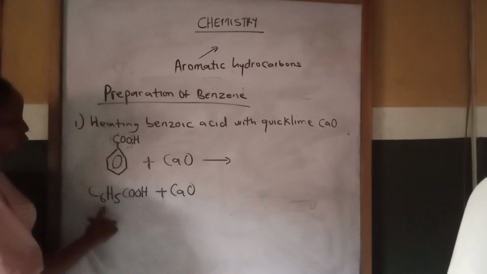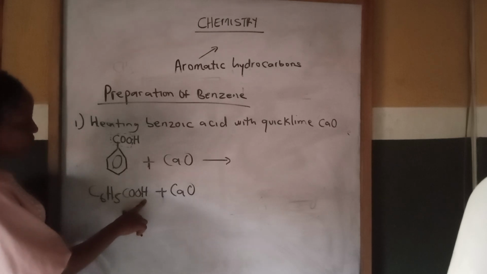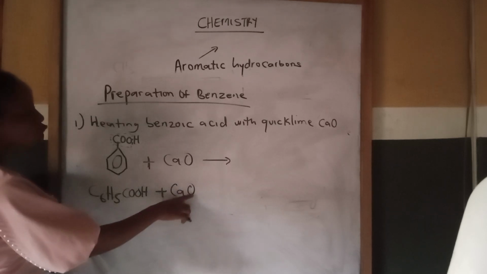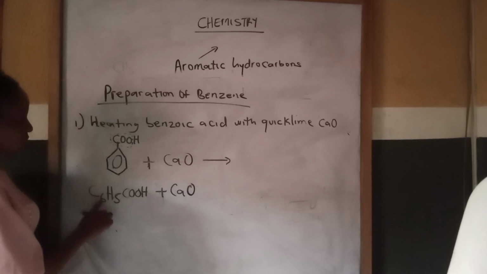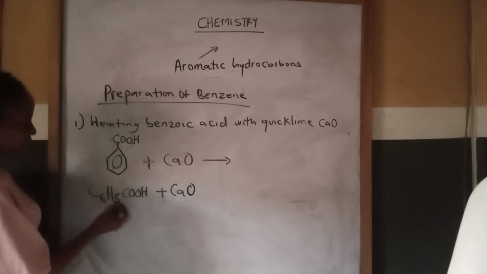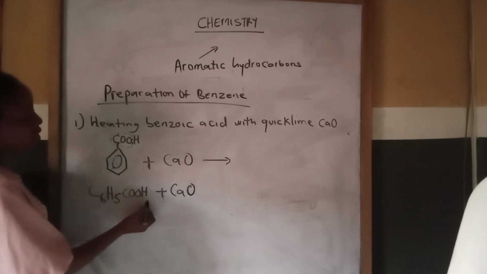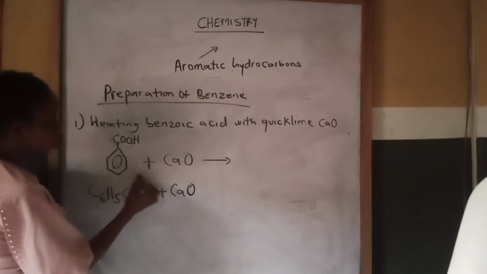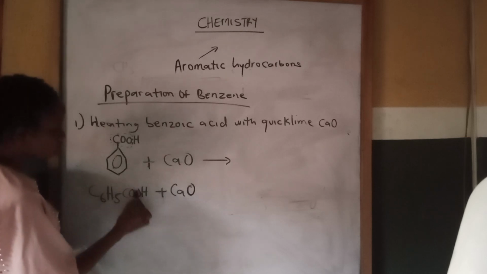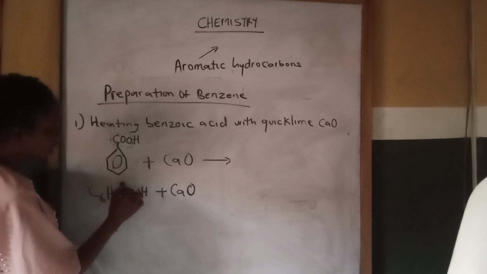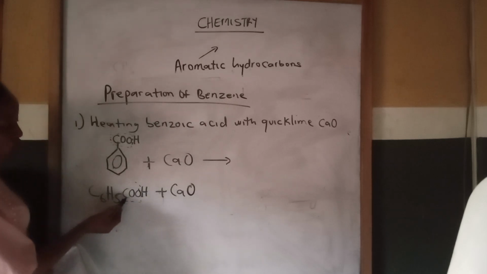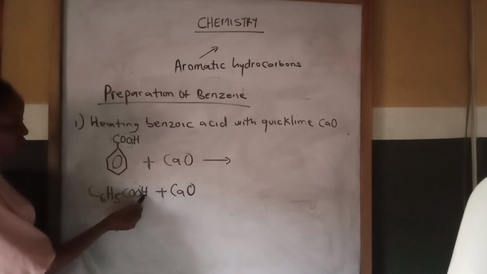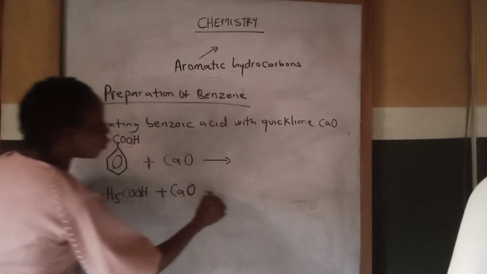This is the structure, while this one is the molecular formula. So by the time calcium oxide reacts with benzoic acid, that is C6H5COOH, it will remove CO2. So remove CO2 from this structure, that is carbon and these two oxygen will go. So by the time you remove carbon and two oxygen, then hydrogen will come in to give you what?